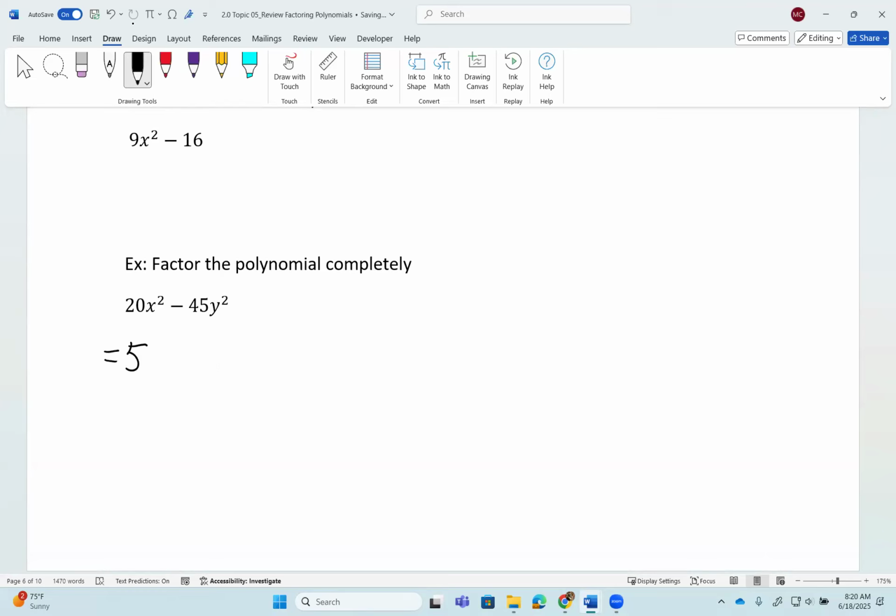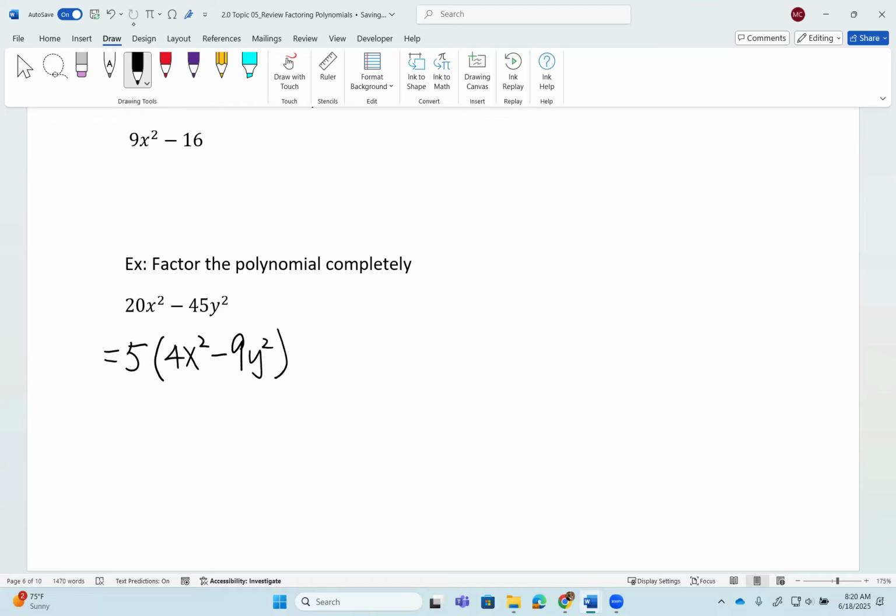No variable can be factored out because they are not repeating between the two terms. The second term doesn't have x in it, and the first term does not have y in it. Just a 5. 5 goes into 20 four times, x squared is left, minus 5 goes into 45 nine times, y squared stays the same.